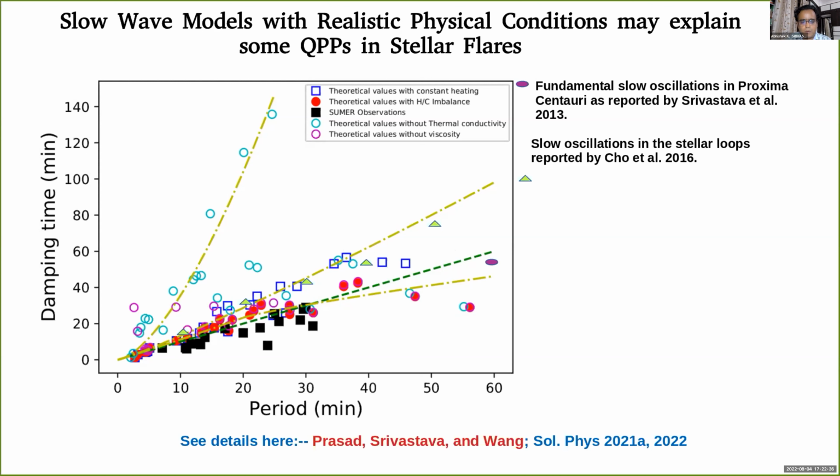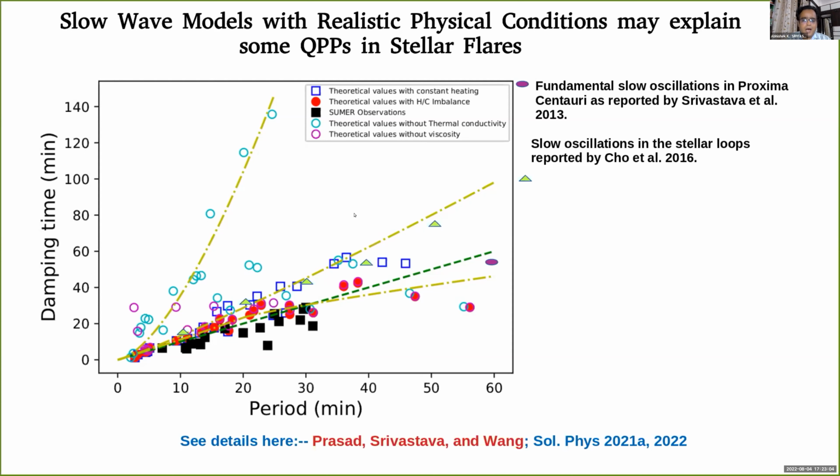Black is the SUMER observed data, and empty cyan circles are the theoretical values without thermal conductivity, and empty magenta is without viscosity. This is very consistent with the knowledge we have gained over the last two decades. Without thermal conductivity, the top curve is far away from the SUMER data and the tau equals P line.